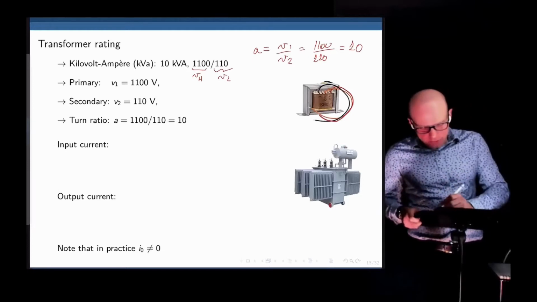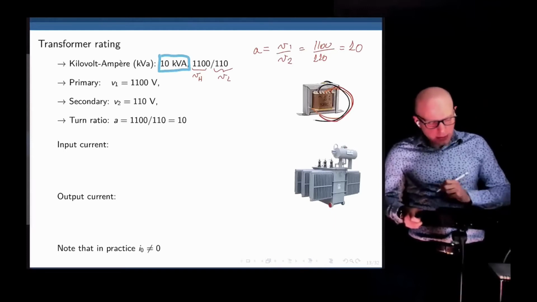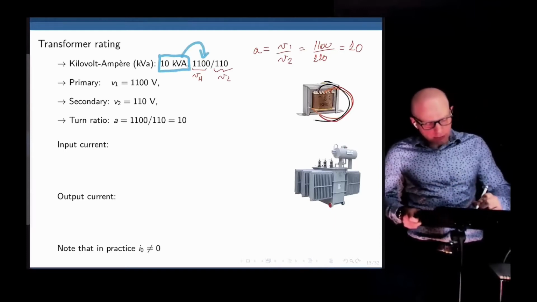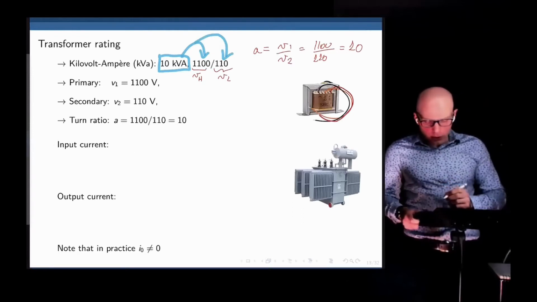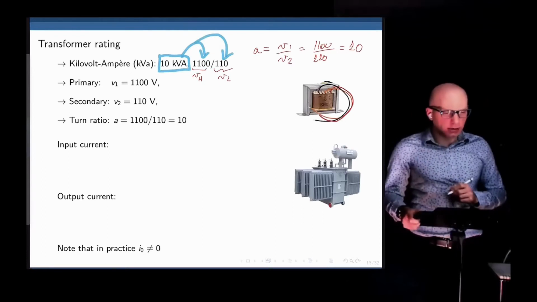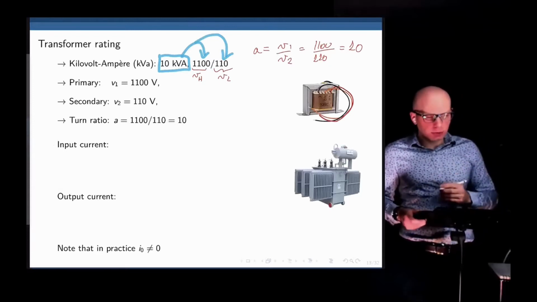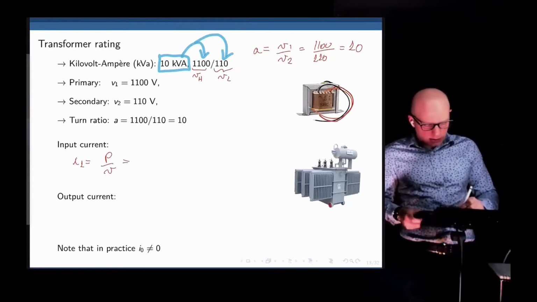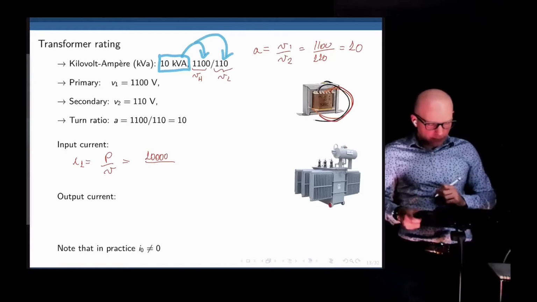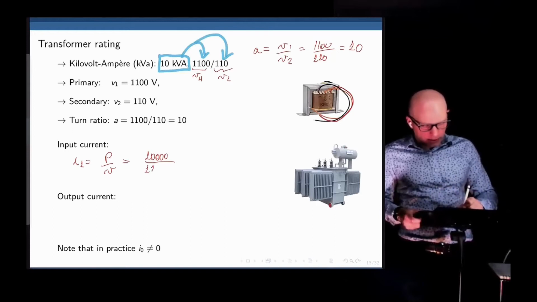Right, so we have the rated power. We know the input voltage and we know the output voltage of this transformer. We can now find the rated current in the input and in the output. The input current will be the power divided by the voltage, that is 10,000 divided by V in the primary, that is 1100.